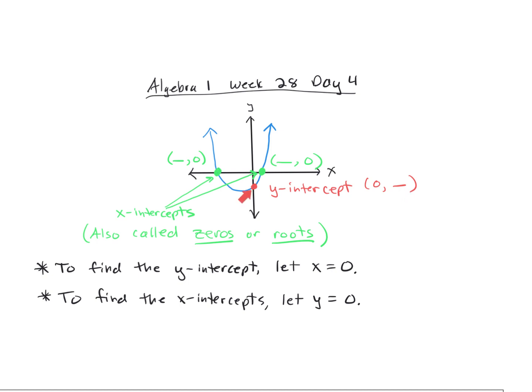The coordinates of this point are going to be 0, comma, something. The x-intercepts are the points where your graph crosses the x-axis. So this is the x-axis, you all know that. These points are going to be something, comma, 0, and something, comma, 0.